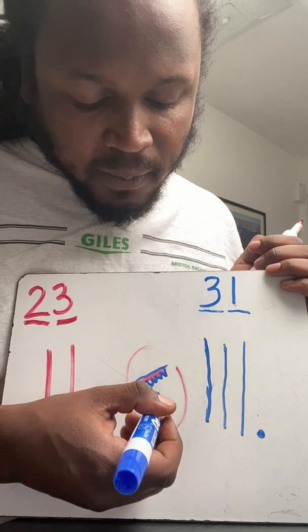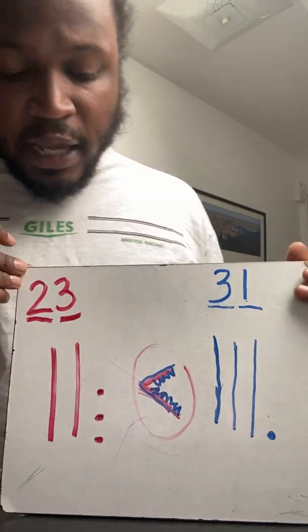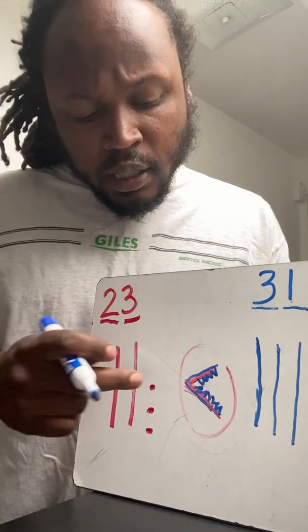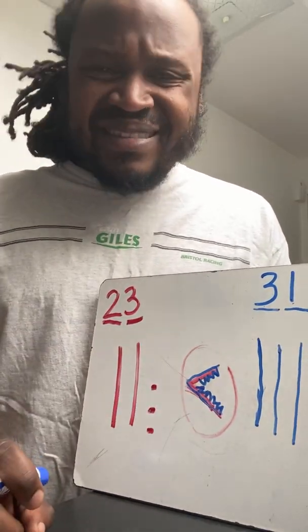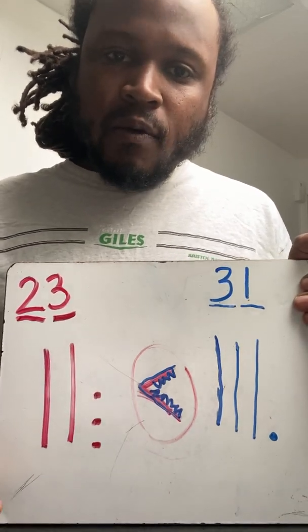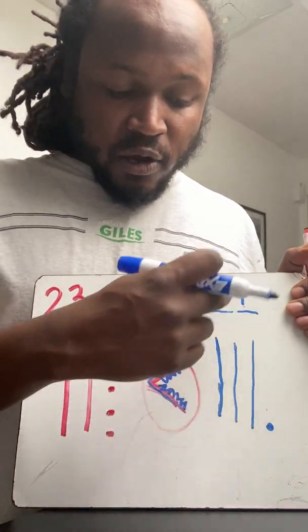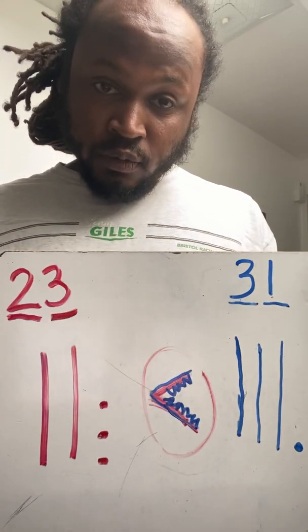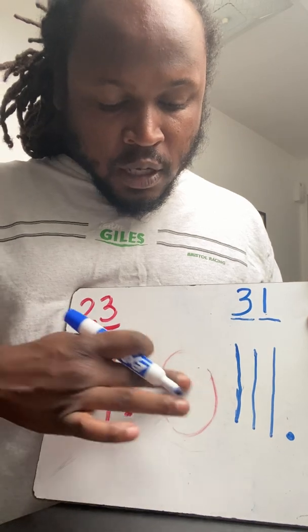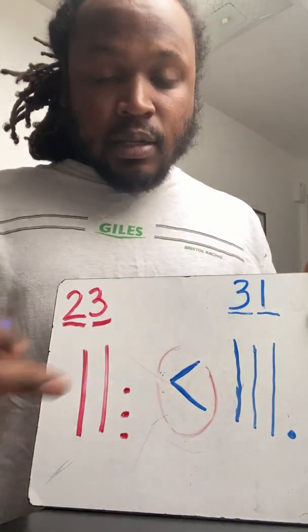And you can always double check your expression by looking at your alligator mouth and thinking to yourself, is the mouth eating the bigger number? 23 is less than 31. All right, you guys see that? So the mouth always wants to face and eat the bigger number.